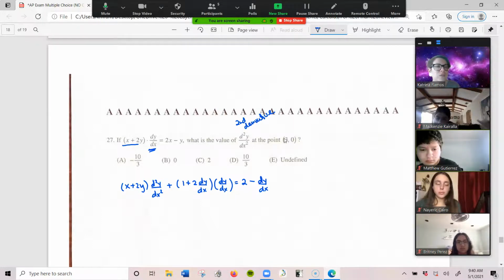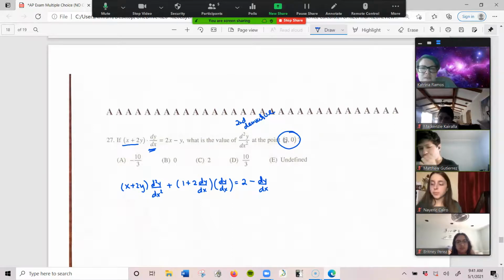Now this looks a lot more complicated than you may think. This is what I did, because at the end of the day, I just want a number, right? I'm not trying to simplify this function or anything like that. They want the second derivative at the point 3, 0. So I tried to figure out what dy dx is at that point so I can plug it in for dy dx everywhere that I see it. Do you get what I'm saying?